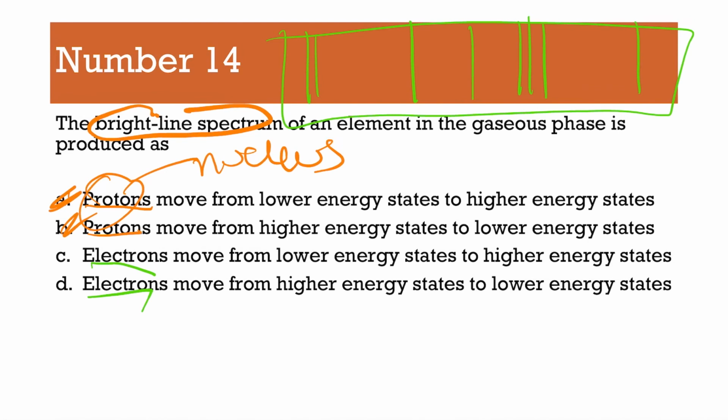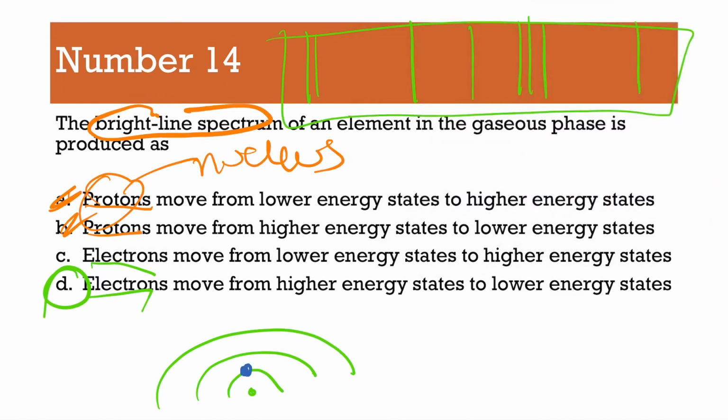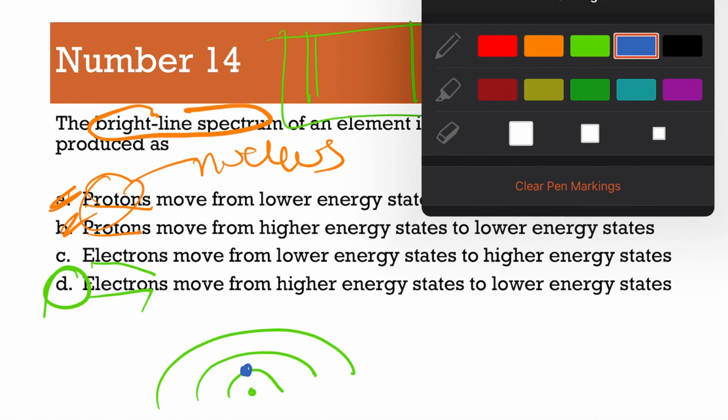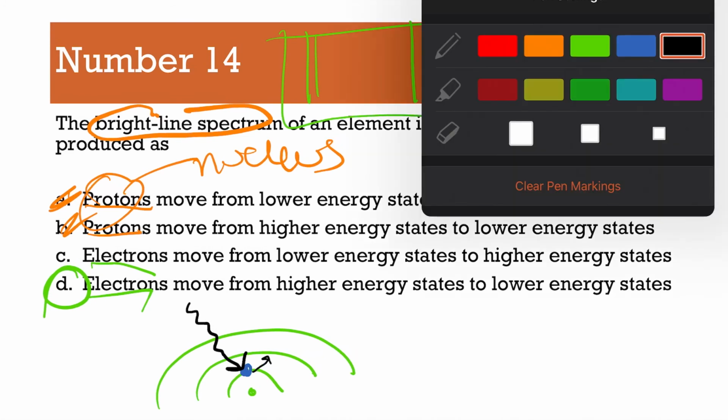And the only way light is being released is because the electrons are moving from a higher energy level to a lower energy level. So if you think about this, an electron was there. Let's call that the blue dot. So energy comes in, hits that blue dot, it gets excited, so it jumps up.